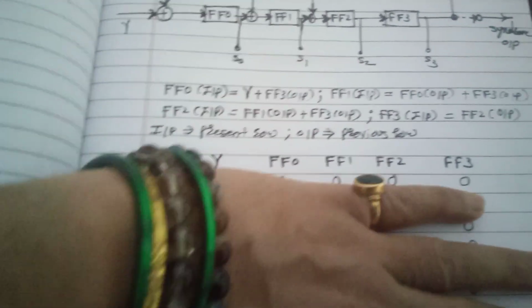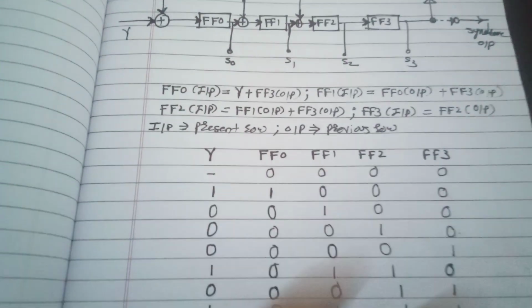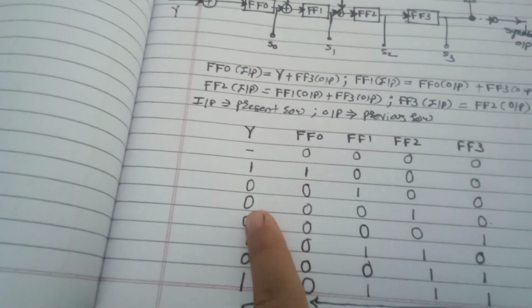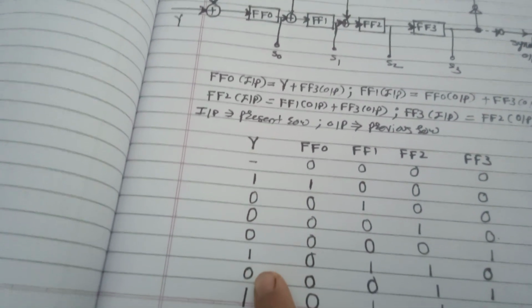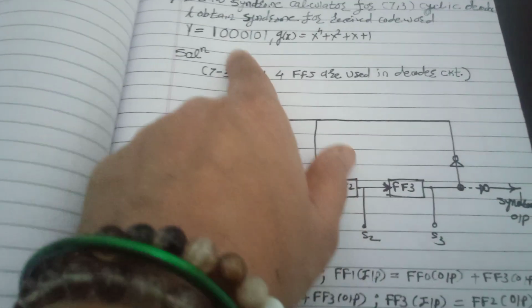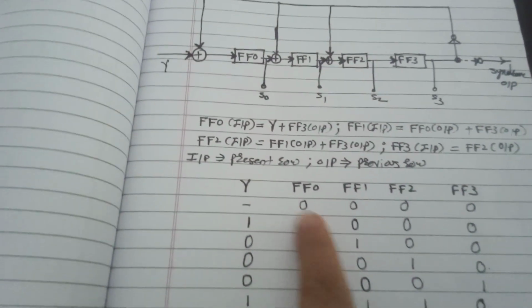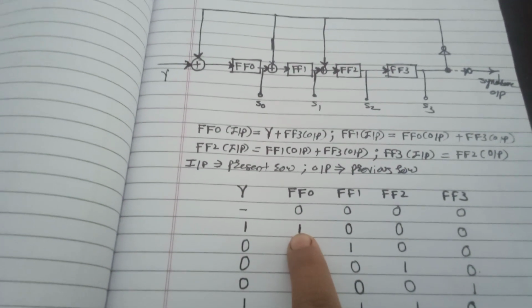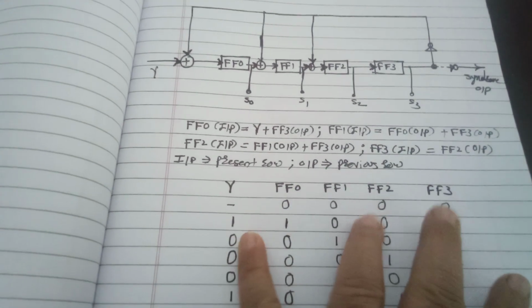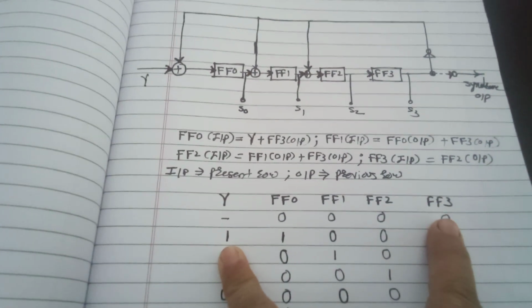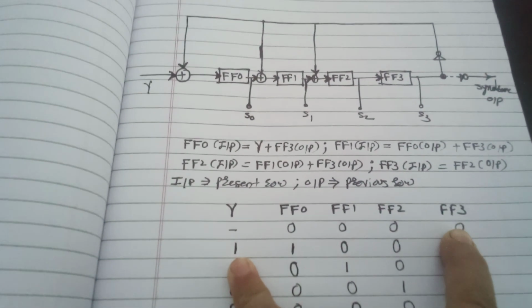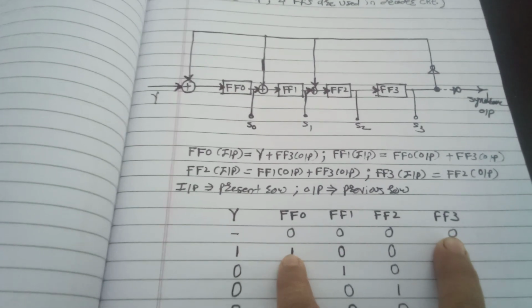Then write down y, that is 1000101. This is your y. So what is flip flop 0 input? That is equal to this 1 plus flip flop 3 output. Output means previous row. So 0 plus 1 is 1.